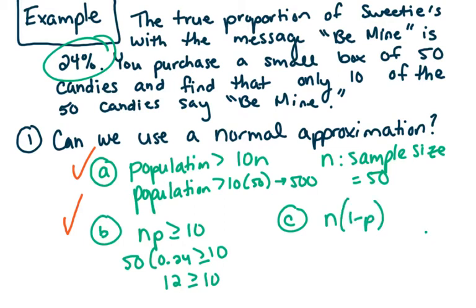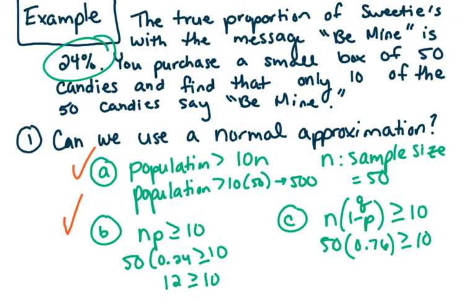And then our third check is that N times the proportion of not P, which is 1 minus P, has to be greater than or equal to 10. I've also seen them use Q for this as well. And so that would be 50. And then, if the proportion of P is 0.24, then the proportion of not P would be 0.76.